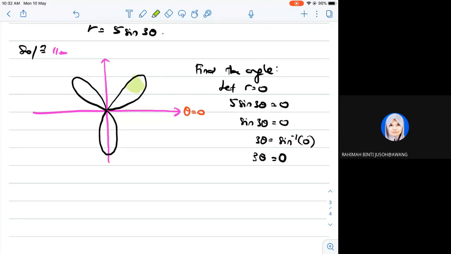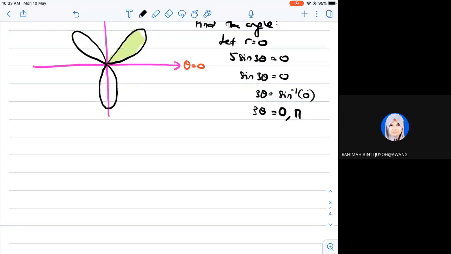petal ni boleh complete. So another value is, selain daripada 0, sin pi pun 0 kan? Betul tak? Kalau tekan calculator, dapat sin pi equals to 0, isn't it? Cuba try tekan calculator. Sin pi dapat 0 kan? Yes, doctor. Okay, so now 3 theta equals to 0 until pi, so theta equals to 0 until pi over 3 lah.